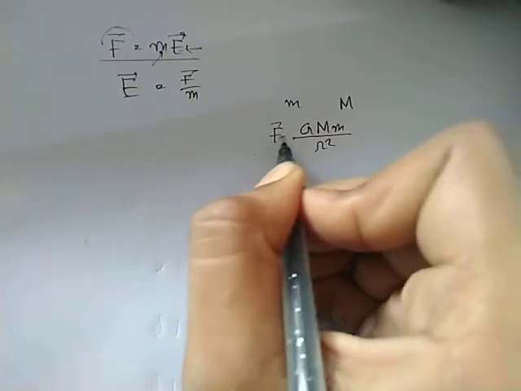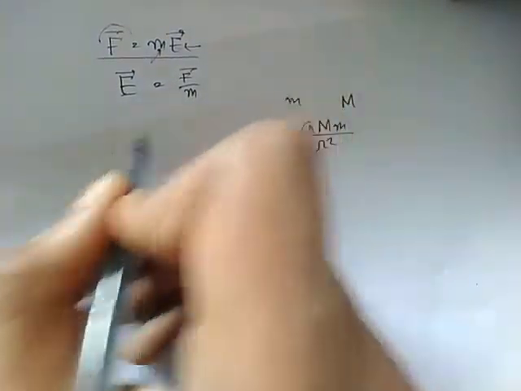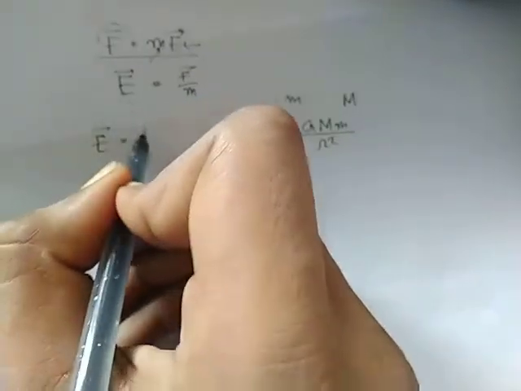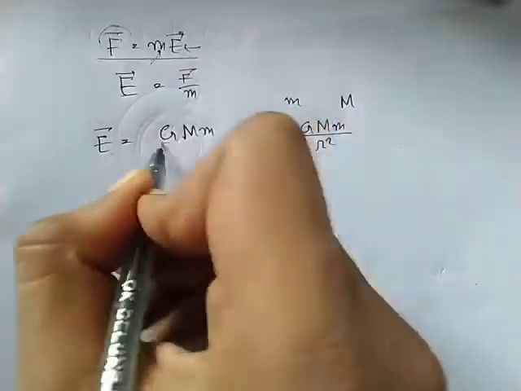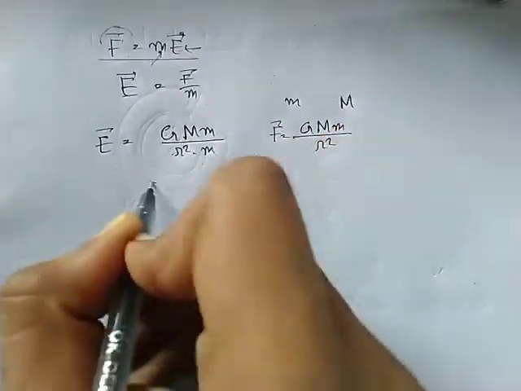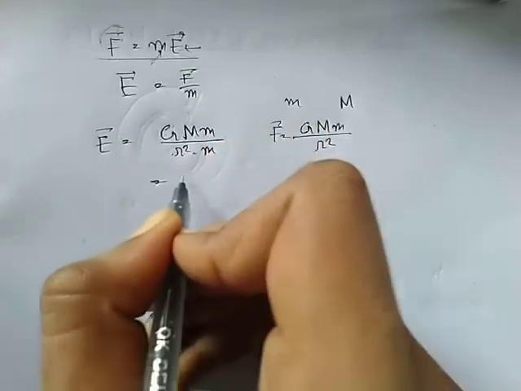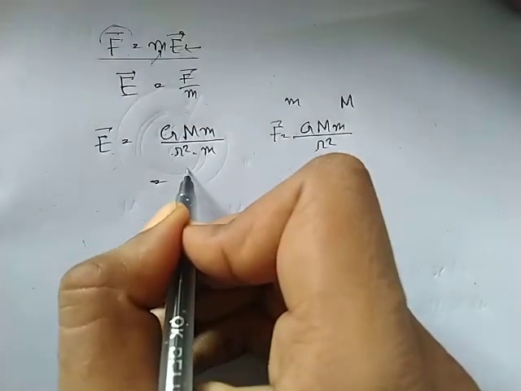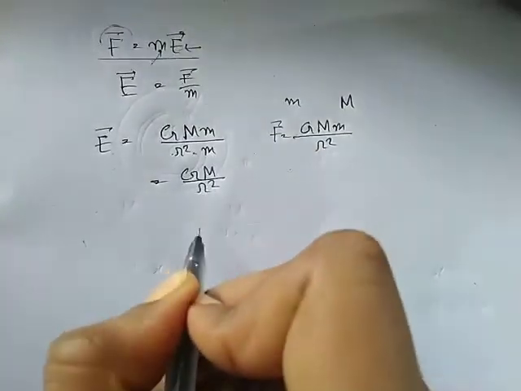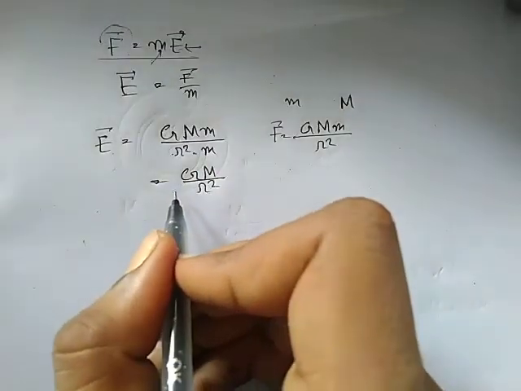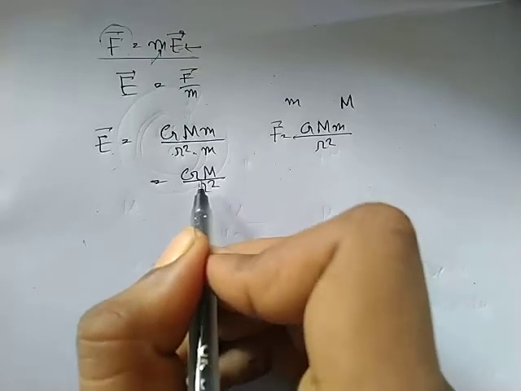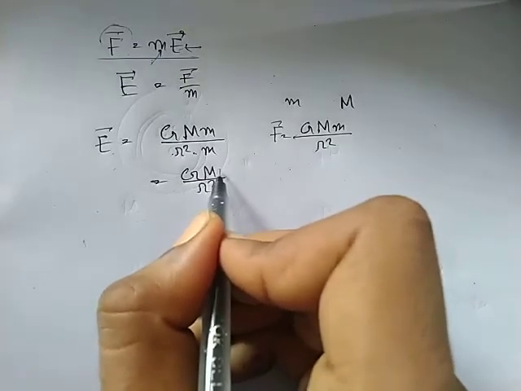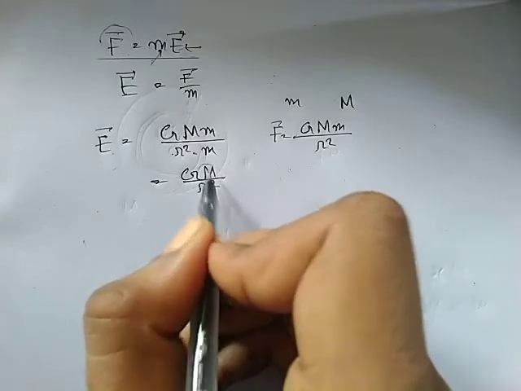So we'll just write this expression here, and the field becomes GMm by r square m, that is GM by r square. This is the expression for the gravitational field for a point mass, and the value of that point mass is capital M.